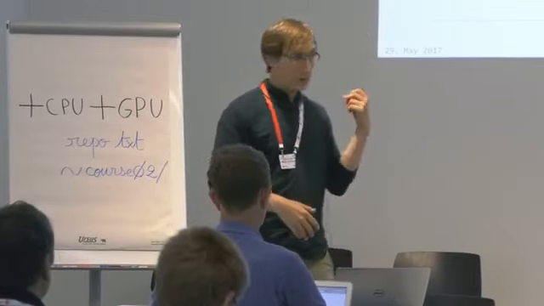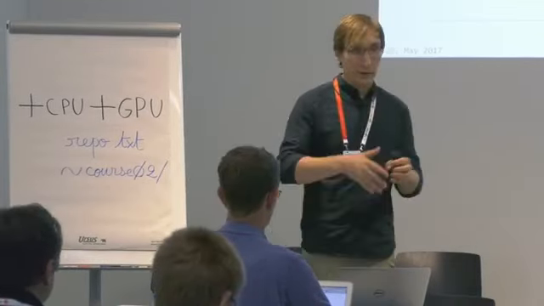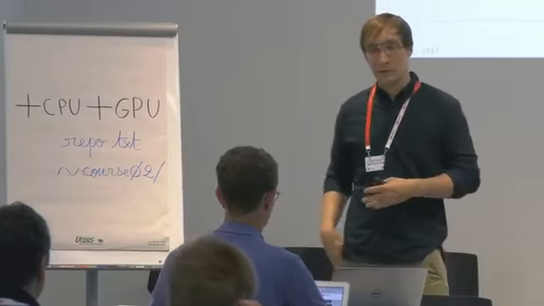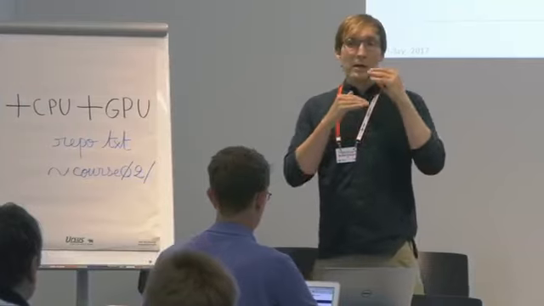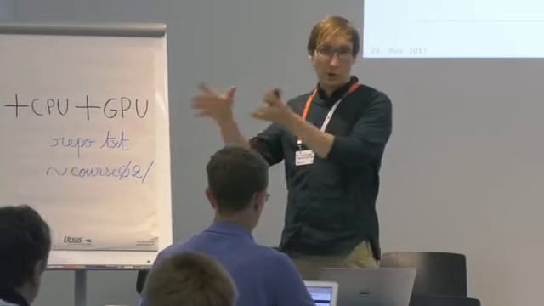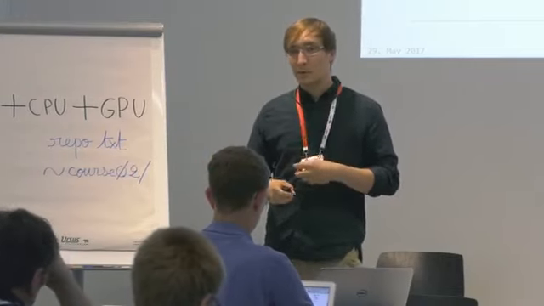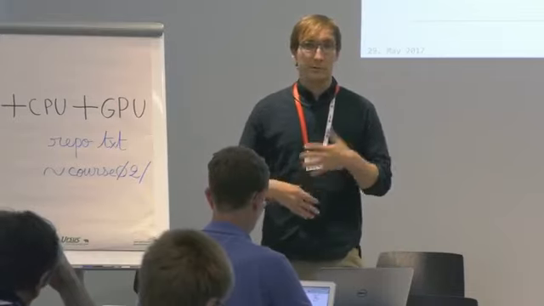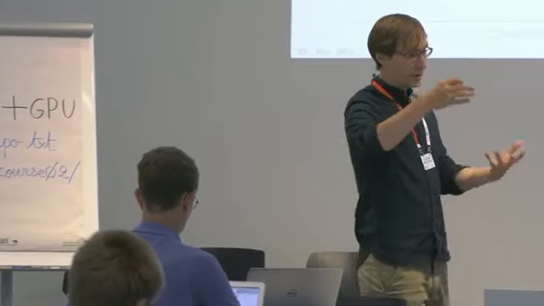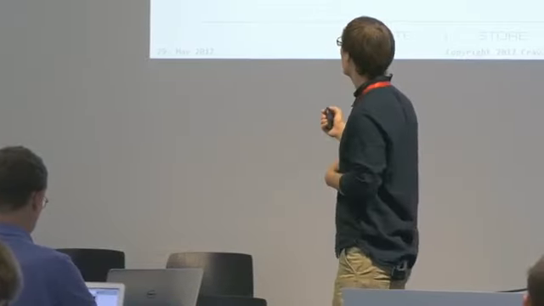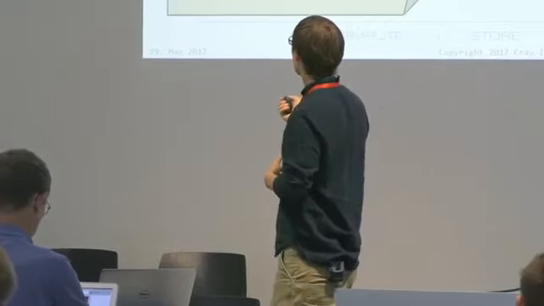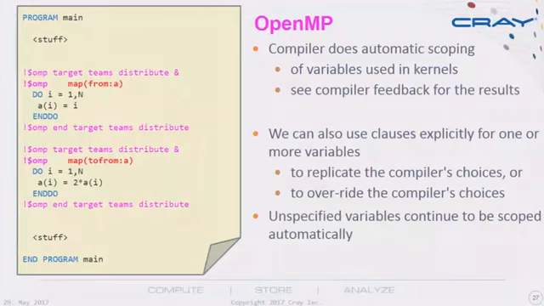So if you do this data scoping within your kernel definition or data region, we come to that later, it always checks if the data is already on the GPU, and if it's there, it uses that one. So if you modify or improve your code and add more data regions, you can leave this data scoping in here, and don't be afraid that the compiler will overwrite the data with the one you stated here.